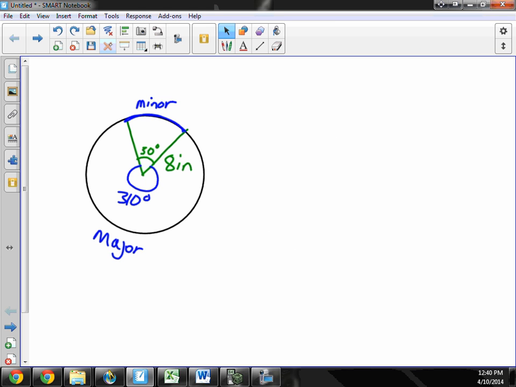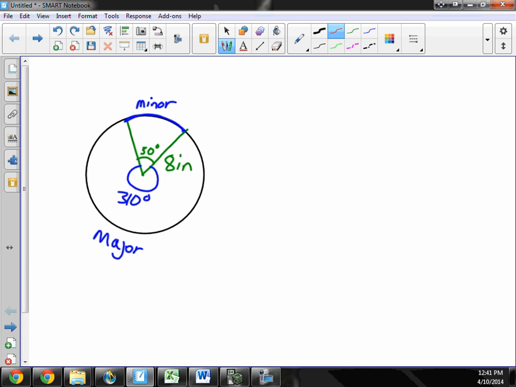Okay. So I know the radius is 8 inches, and I know that the central angle for your slice of pizza is 50 degrees. How are we going to calculate the crust length of your pizza? Arc length, right.